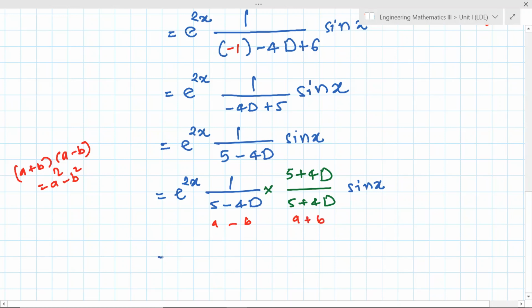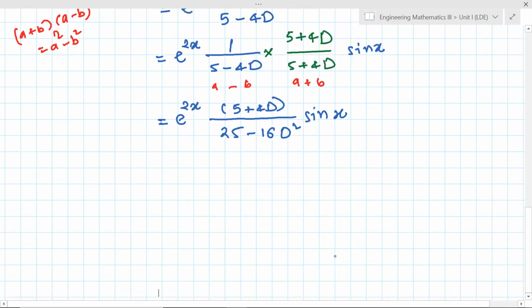So finally e raised to 2x, 5 plus 4D in the numerator, divided by 5 square is 25 minus this 4D square is 16D square, into sine of x. Now we have a D square in the denominator. We just simply replace this D square by minus a square, so replace D square by minus 1.